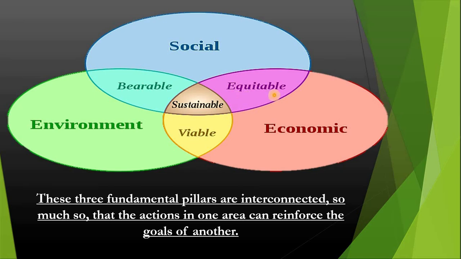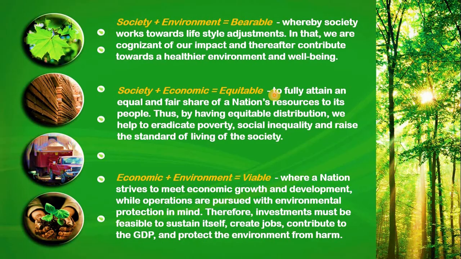By this, we mean that the first, bearable, like a society and environment, implies a society and environment where we are cognizant of our impact and thereafter contribute towards a healthier environment and well-being.